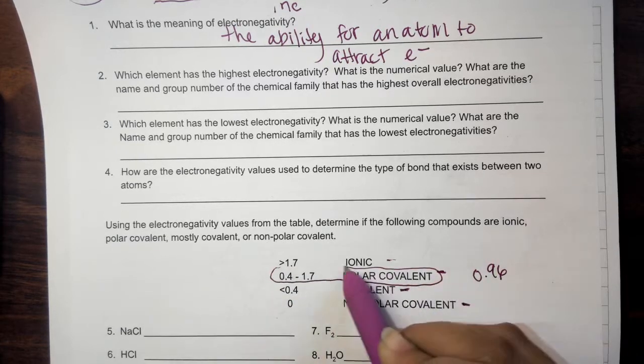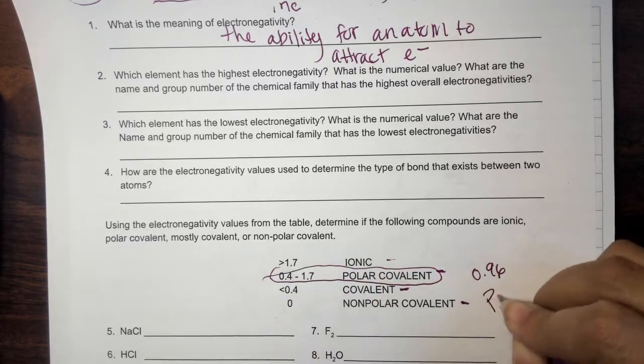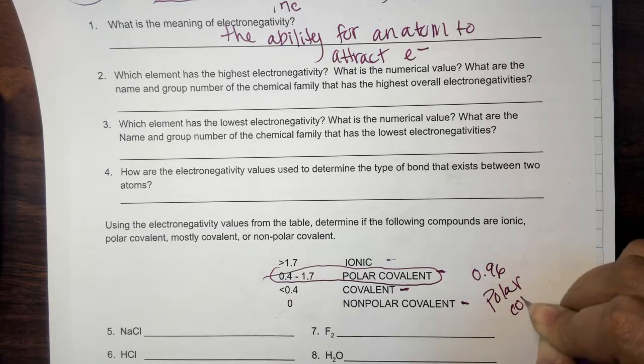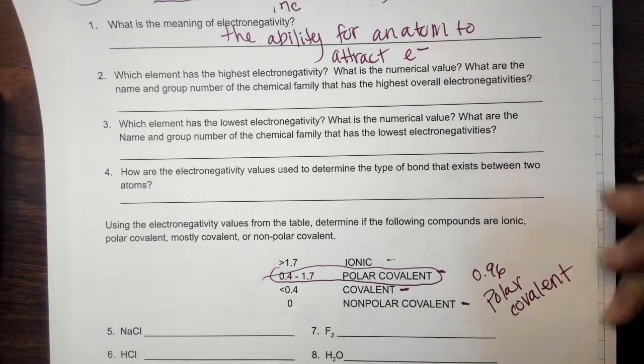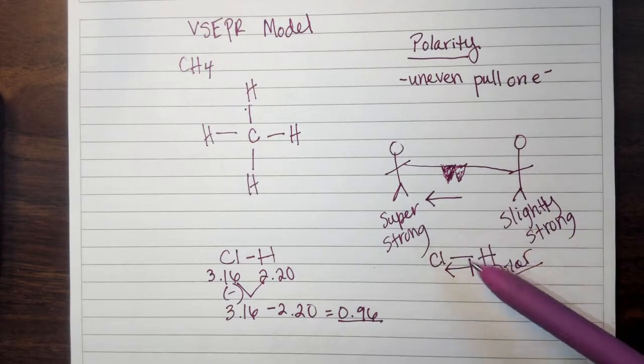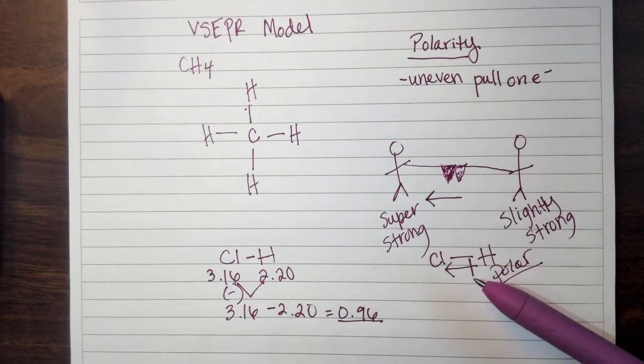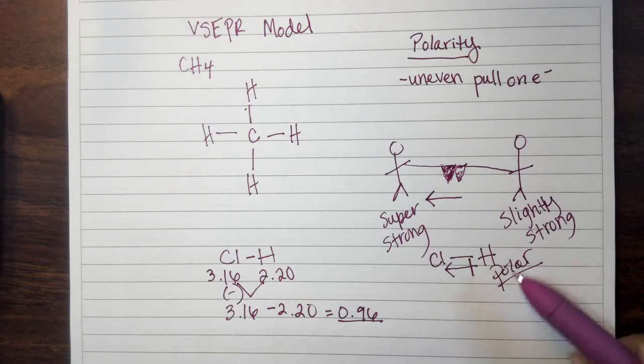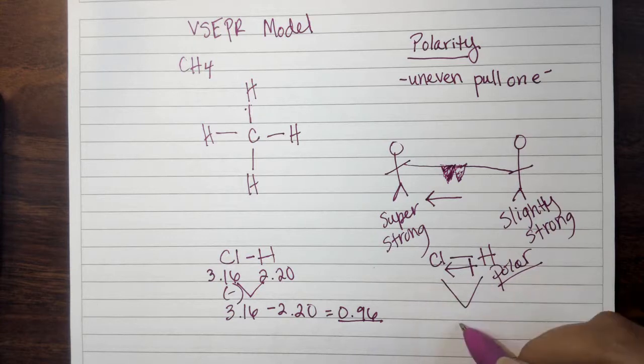So that tells me that the molecule I'm looking at is polar covalent. Well, we just talked about how this tug of war between the two is considered a polar molecule, and we know this is covalent because we have two nonmetals.